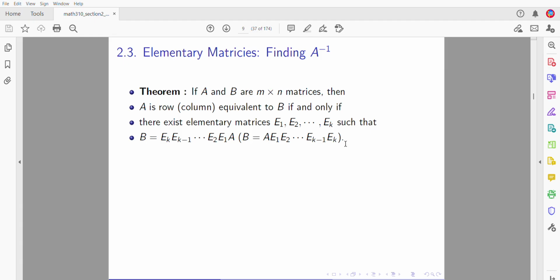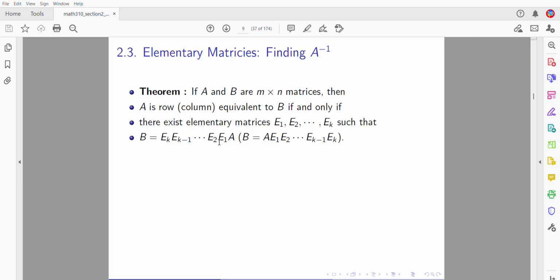The point is, if you apply say 5 row operations on A, then B will be obtained from A by multiplying by 5 elementary matrices on the left of A. How do you obtain these elementary matrices?